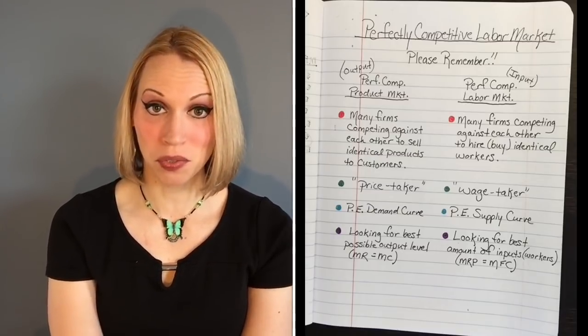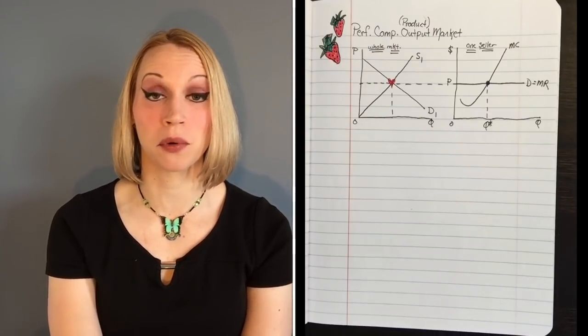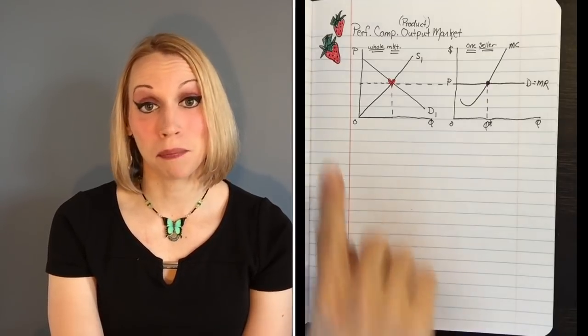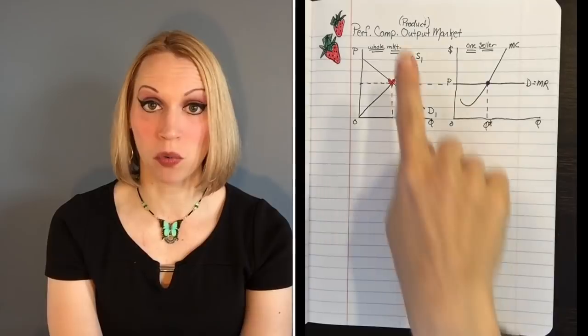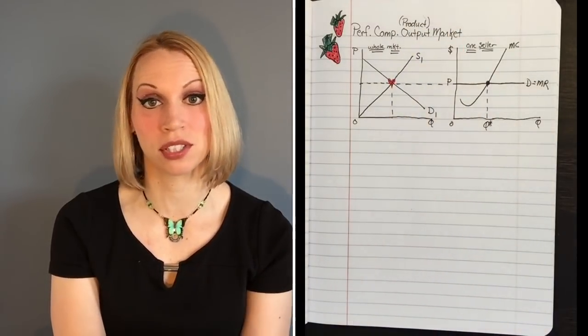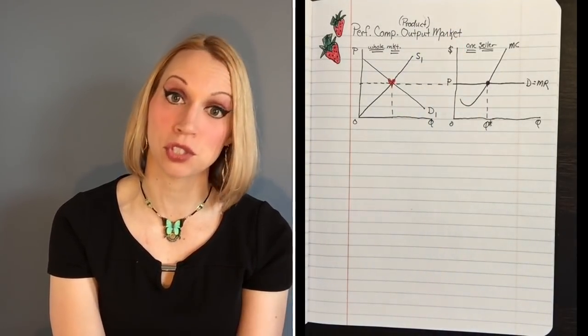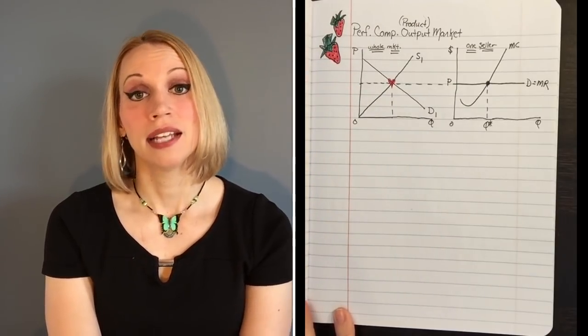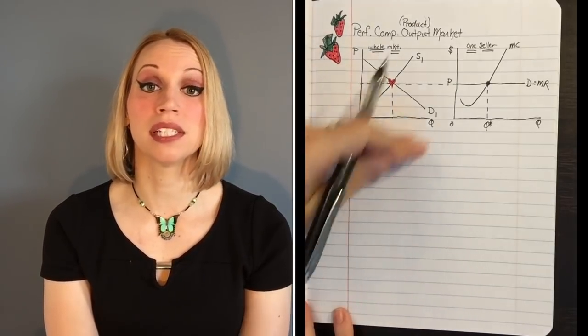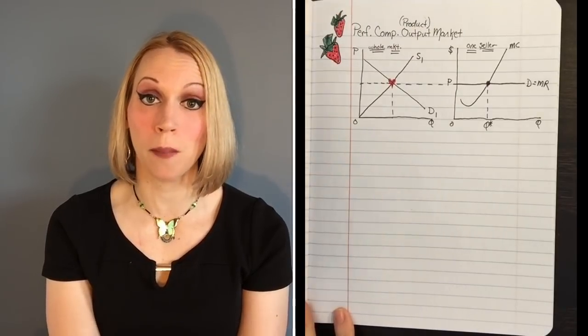The top two graphs, the first set of graphs that we're going to have, is going to be the perfectly competitive output market. This is what we've already done. This is when you have thousands of soybean sellers or thousands of strawberry sellers. So the graph on the left-hand side is going to represent the whole entire strawberry market.